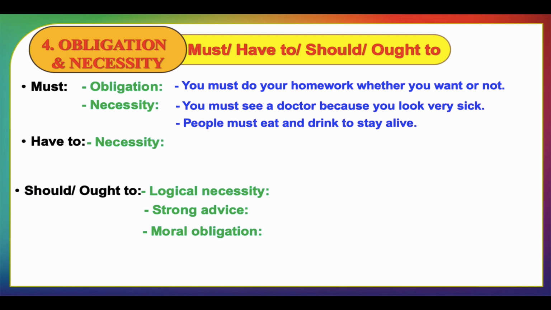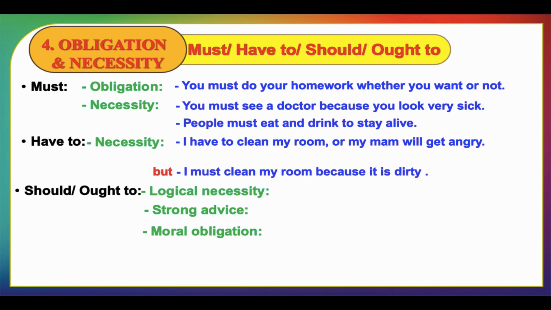We need it to stay alive. Have to is also for necessity. I have to clean my room or my mom will get angry. Here, for example, the necessity comes from the outside. But "I must clean my room because it's dirty" comes from the speaker himself or herself.